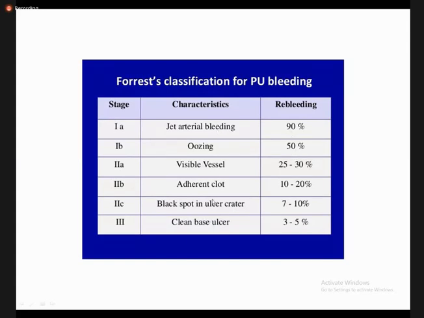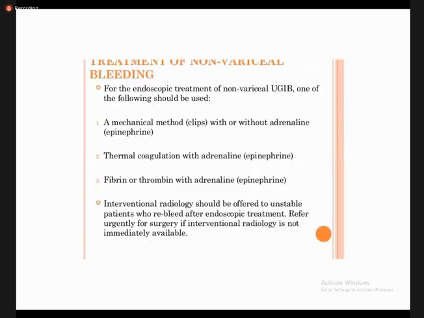Based on the findings on the endoscopy, we can assess the risk of rebleeding, maximum more than 90%, and the minimum is around 3 to 5%. And again, based on this classification, we can select the treatment, what is best for the patient.